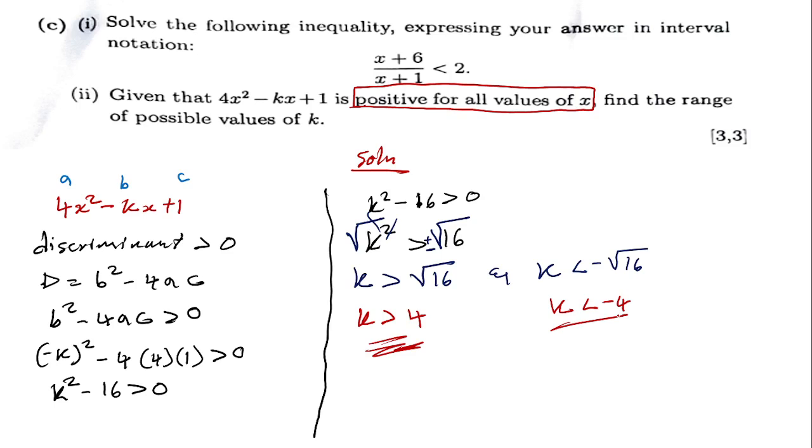Simple. You can represent this work in set builder notation, where you can say this 4 comma positive infinity, and then that one is negative infinity comma negative 4, and then this will simply give you something like negative infinity, negative 4 comma, cross brackets, then you have union, and then you say 4 comma infinity.